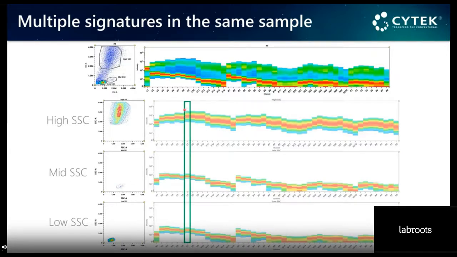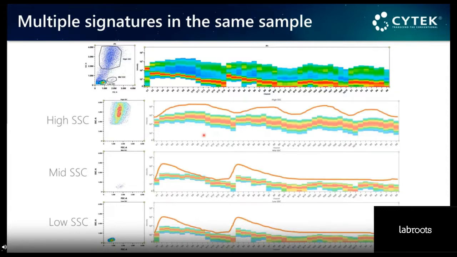If we compare the intensity across one single detector, let's say the intensity for violet 7 for this sample was 10 to the third, 10 to the fourth, and then 10 to the fifth, clearly there are changes in intensity, which is what we call changes in brightness. We can also compare across the full signature, compare the spectrum, the ups and downs of this full emission profile, and understand if they are different or not.